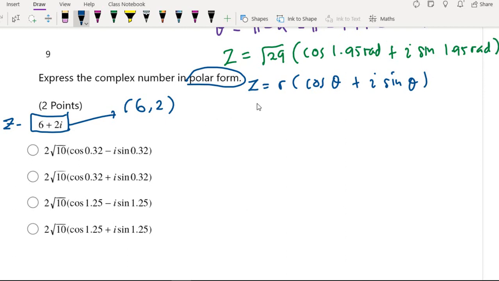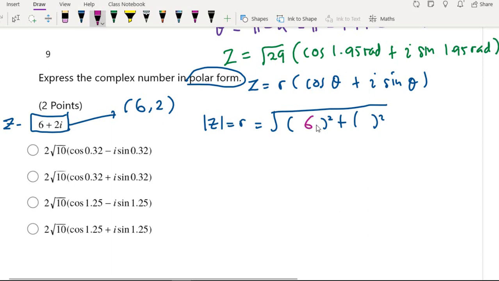First you need to find the modulus of z, or r. Substitute in this formula: 6 and 2, and the final answer is 36 plus 4. 36 plus 4 is equal to 40.